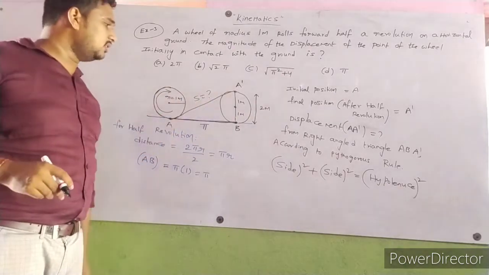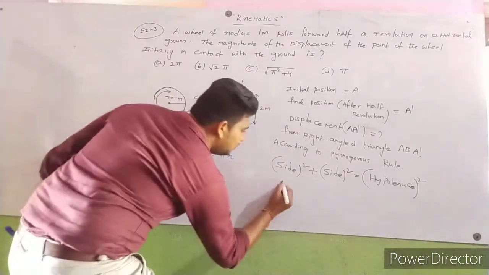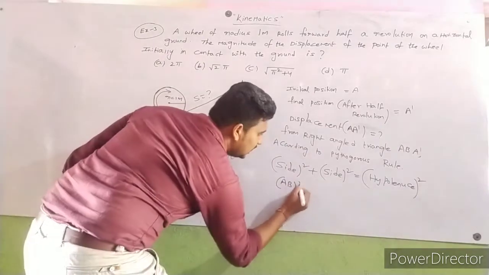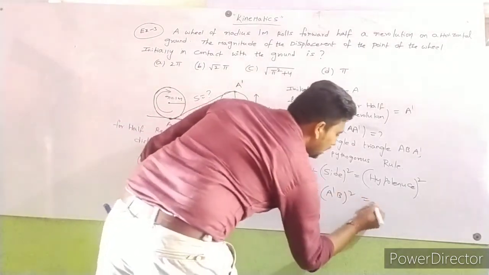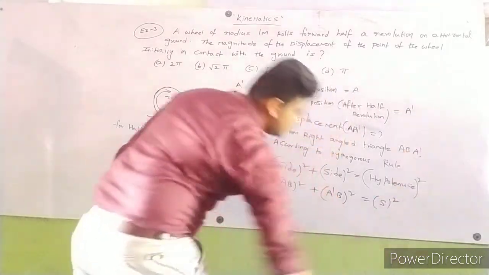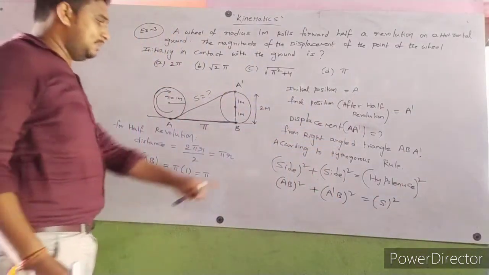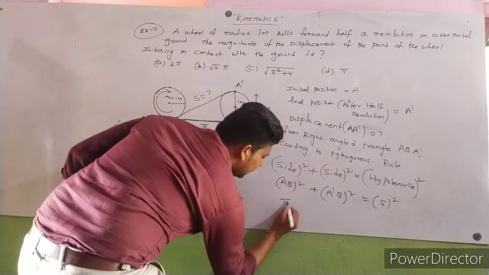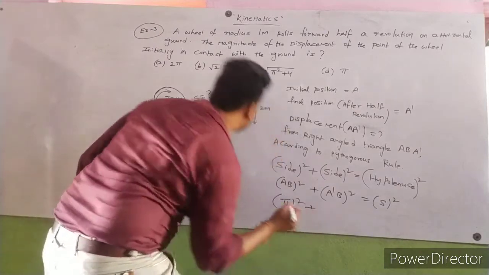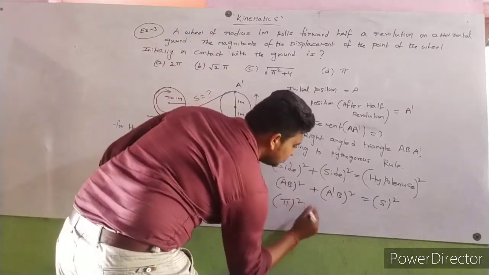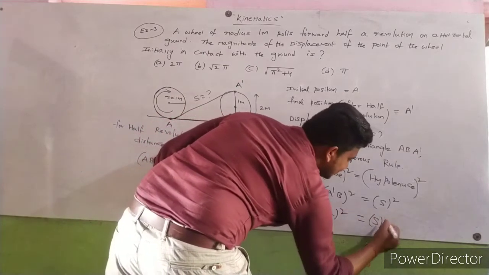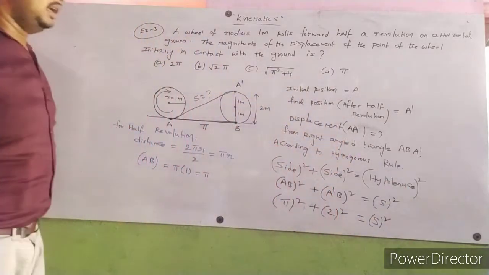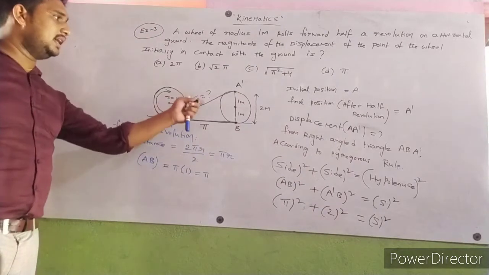Here AB squared plus A dash B squared is equal to the hypotenuse squared, that is x squared. AB squared means pi squared, A dash B squared means 2 squared, equal to x squared.